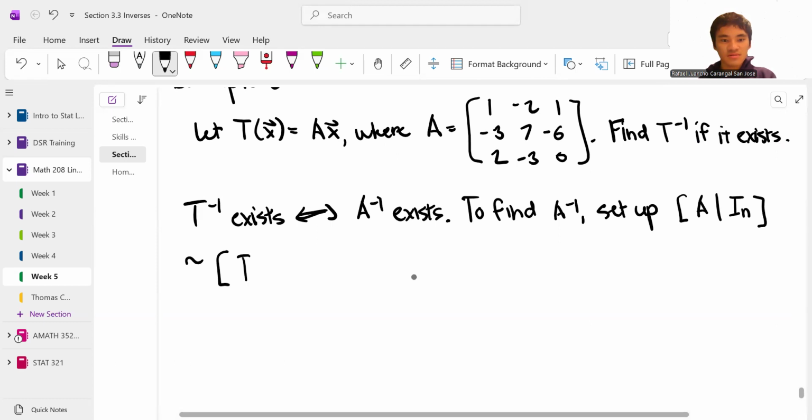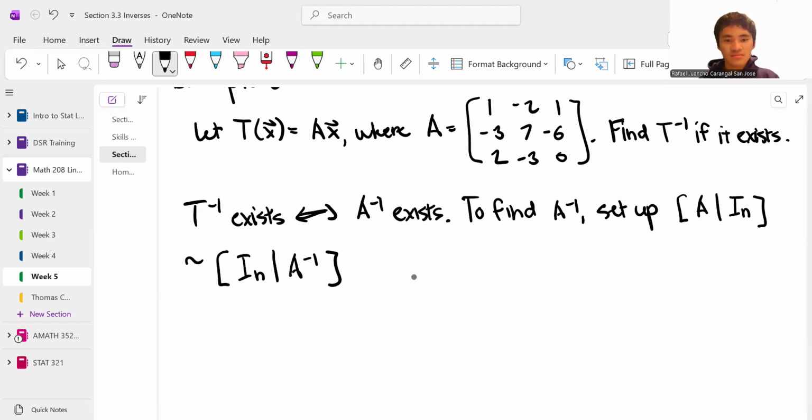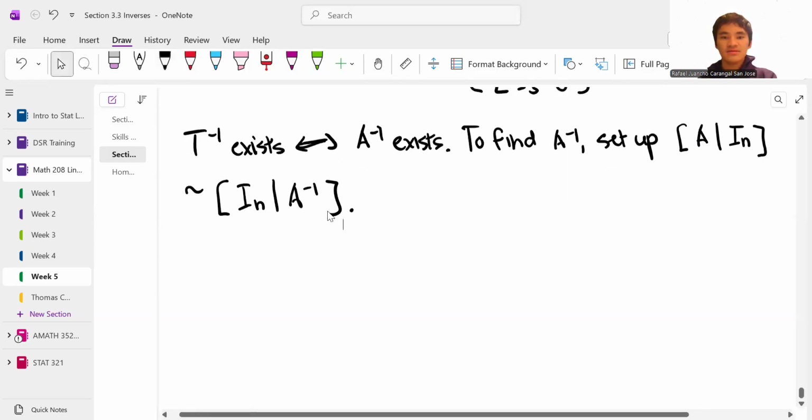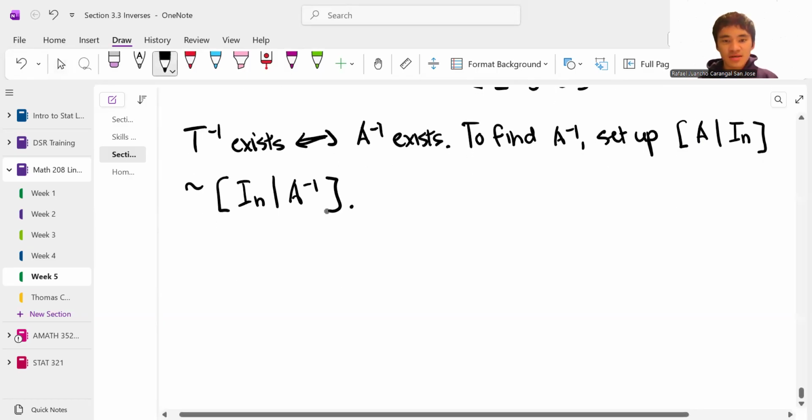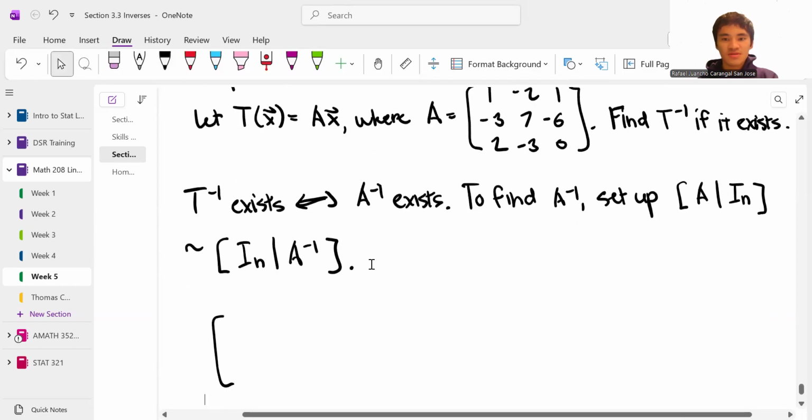And this should lead us to this. So this is our idea. So we want to find A inverse. So same thing as before, right? We just put in the numbers.